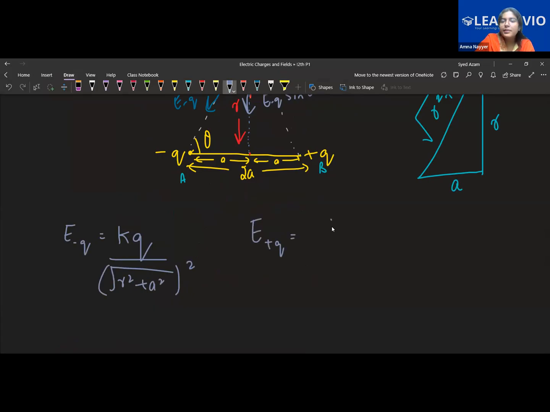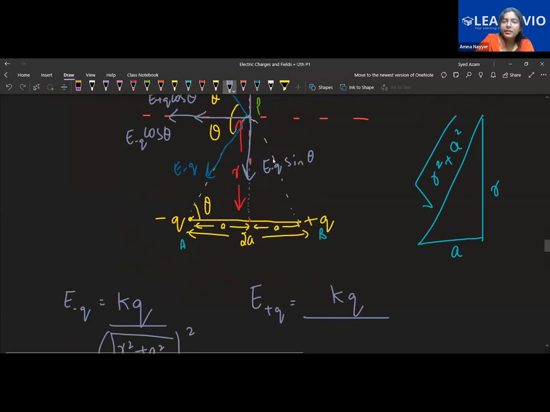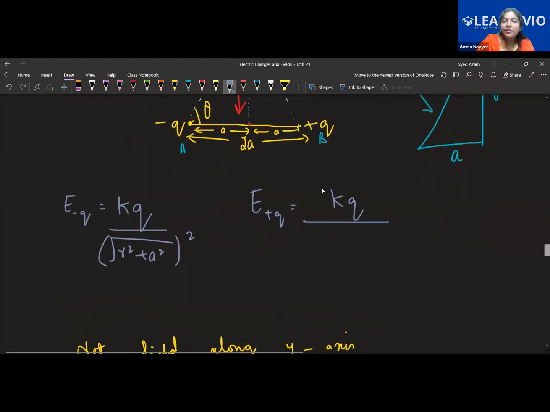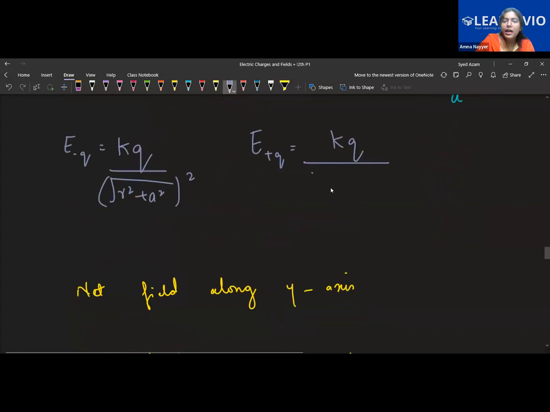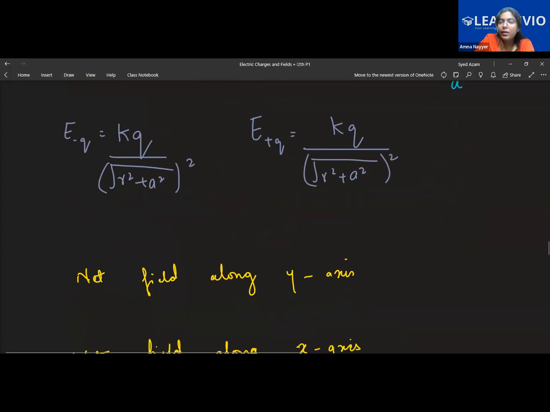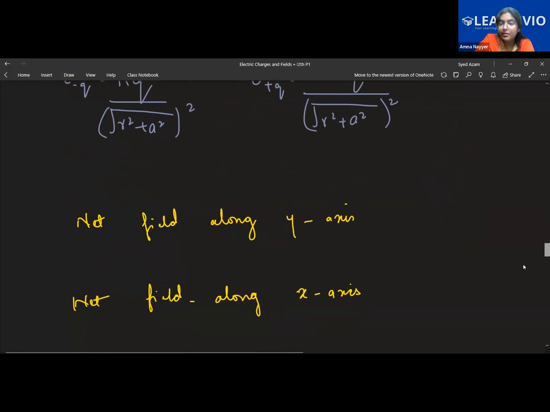Similarly, electric field due to positive charge will also be the same, kQ by. Now look, the separation here is also under root r square plus a square, same separation. Now, you can notice the magnitudes of the electric fields are the same here.